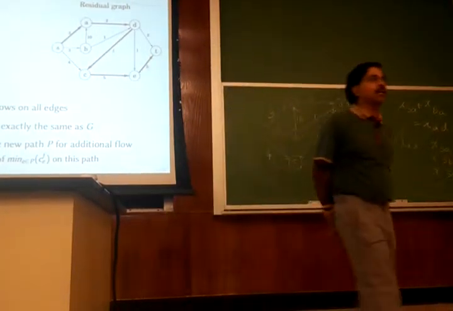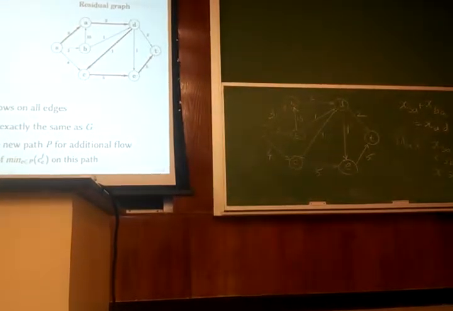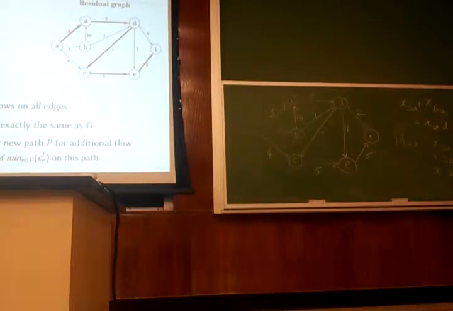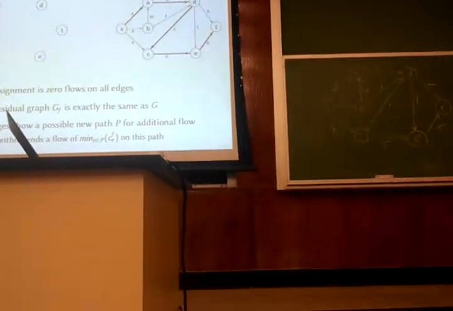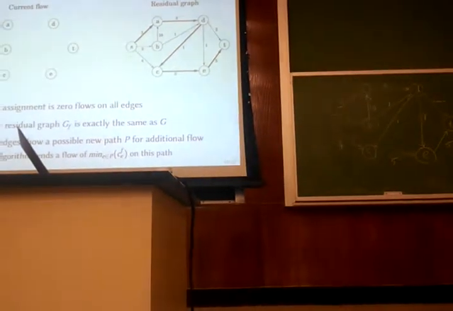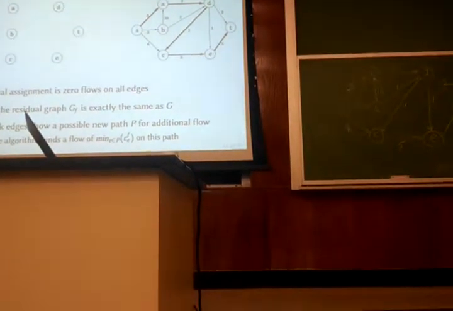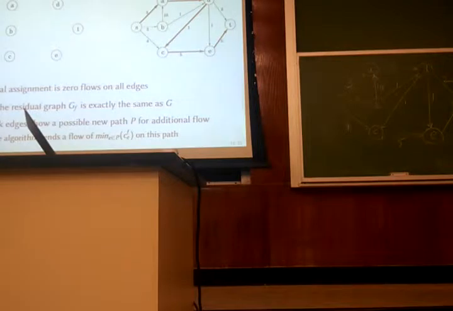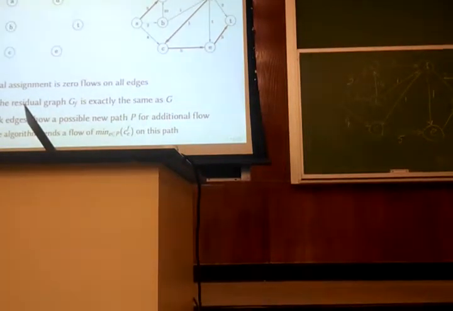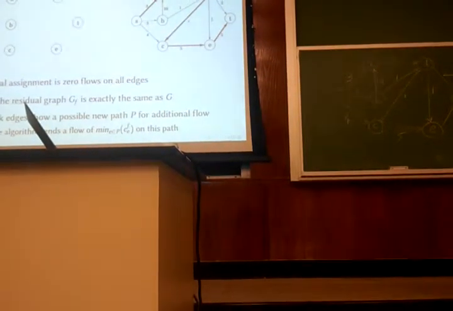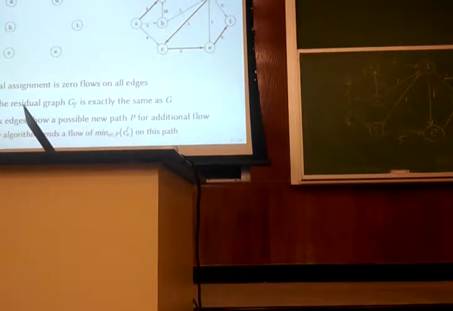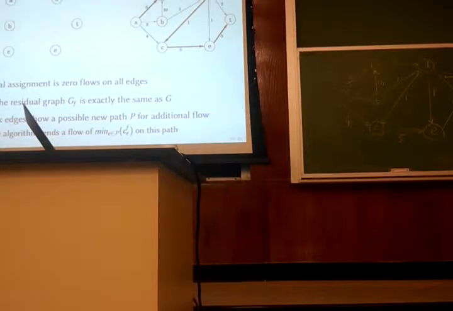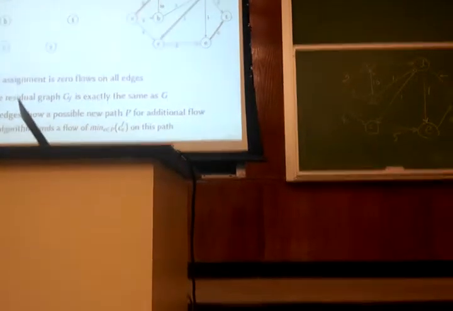So we are back to our nice looking, more complex looking graph. Originally the flow is 0, right? We haven't set any flow, which means that the residual graph is going to be basically the same as the original graph, because nothing is flowing on any edge, which means that the leftover capacity is exactly the same as the original capacity of each edge.